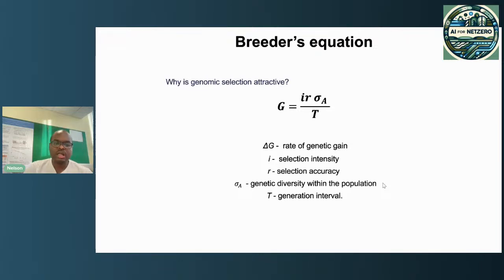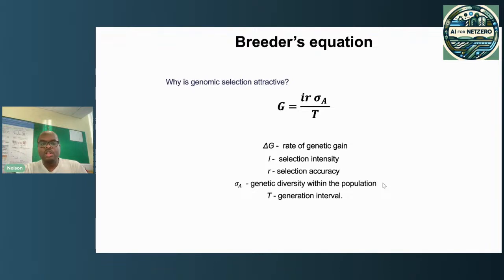For instance, for Miscanthus, it takes about 3 years to grow from seed to flowering. Typically, if you are to select a good variety, you have to wait until the third year before you can make any selection, because that's how long it takes. But with genomic selection, we're able to select at the seedling stage.